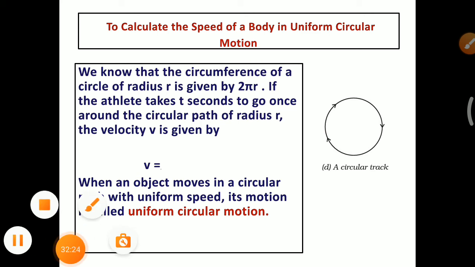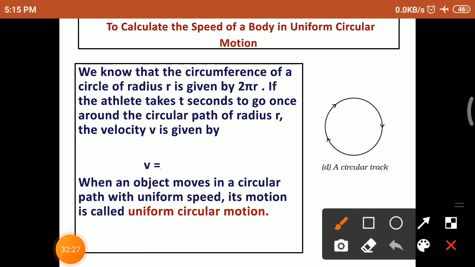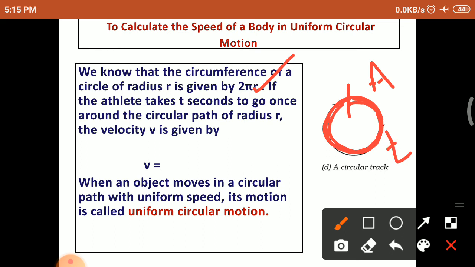If you take a circle, this is a circle. If an object starts at A and completes one round, the circumference of the circle is 2 pi r. So the object traveled 2 pi r distance in a time t. So we can write v, which is nothing but speed, equal to distance by time.